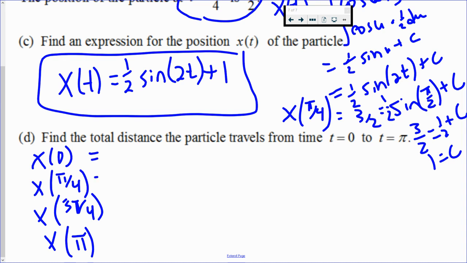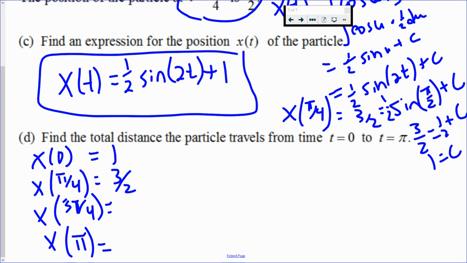Okay, so let's plug in and see what we get. X of 0, if we plug in 0, sine of 2 times 0, sine of 0 is 0, plus 1 gives us 1. Okay, pi over 4, 1/2 times the sine of 2 times pi over 4 would be pi over 2. Sine of pi over 2 is 1, so 1/2 plus 1 gives us 3/2.